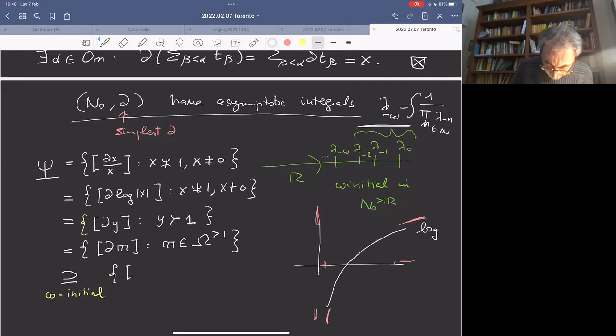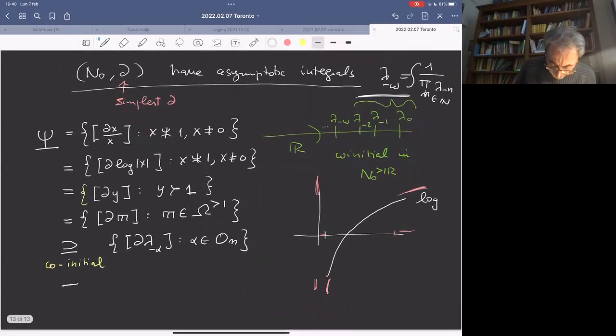You can just take the derivatives of lambda minus alpha for alpha an ordinal, because these lambda minus alpha will be co-initial in the derivatives of the infinite monomials. Recall that the lambdas are infinite monomials. So this class that I wrote here is co-initial in the previous one. And since you're interested in considering the inf of psi, if it exists, you may as well consider this subclass.